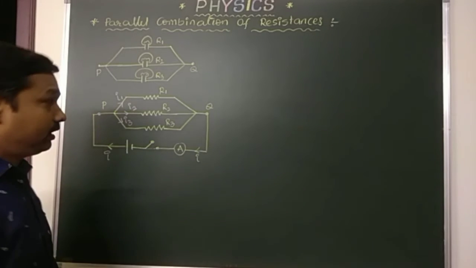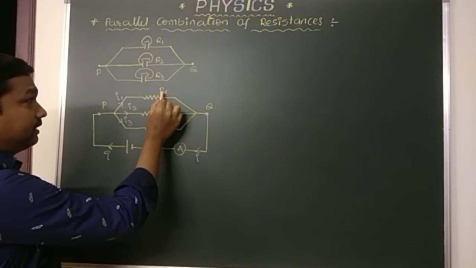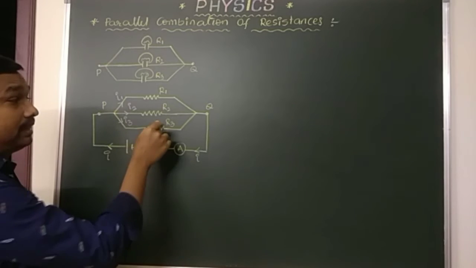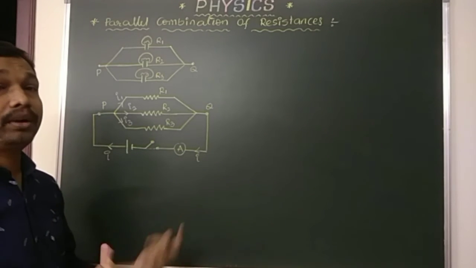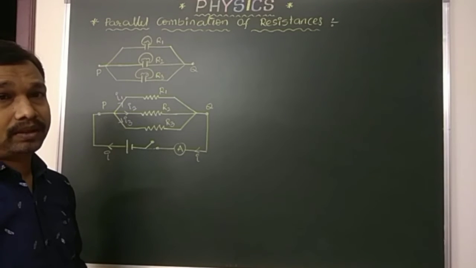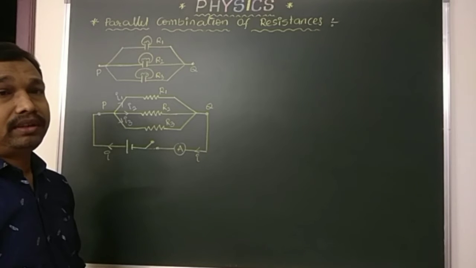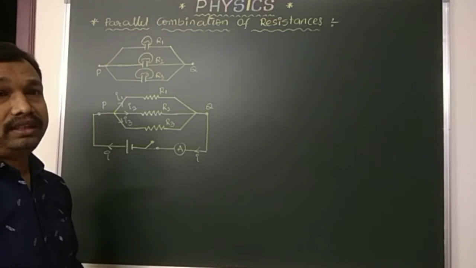So in this combination, which is constant? As the resistance is less, current will flow more. As the resistance is more, current will flow less, but the product remains constant. Why? Because of potential difference: according to Ohm's law, potential difference V equals IR, so the potential difference is constant.